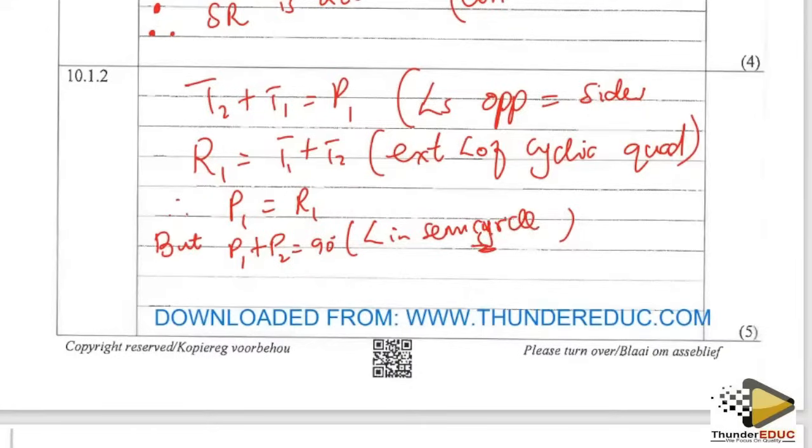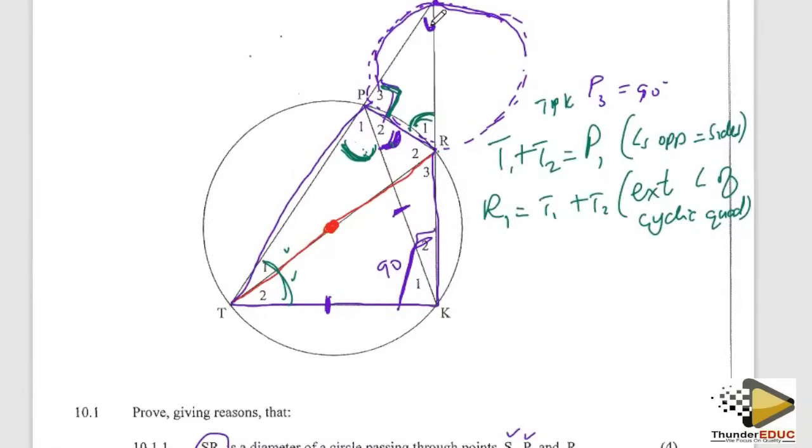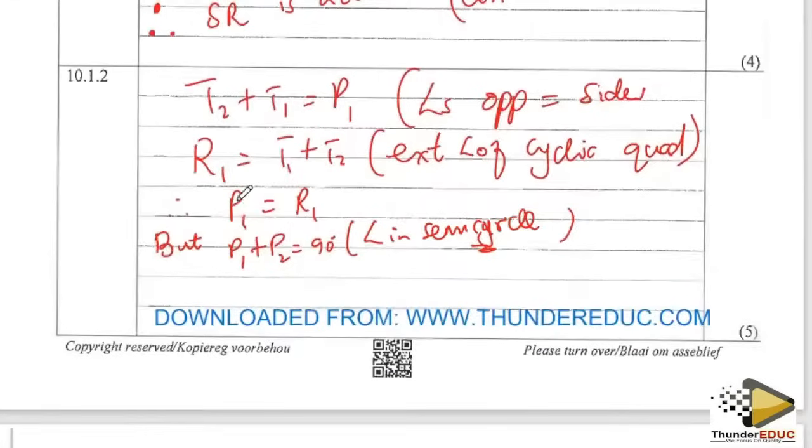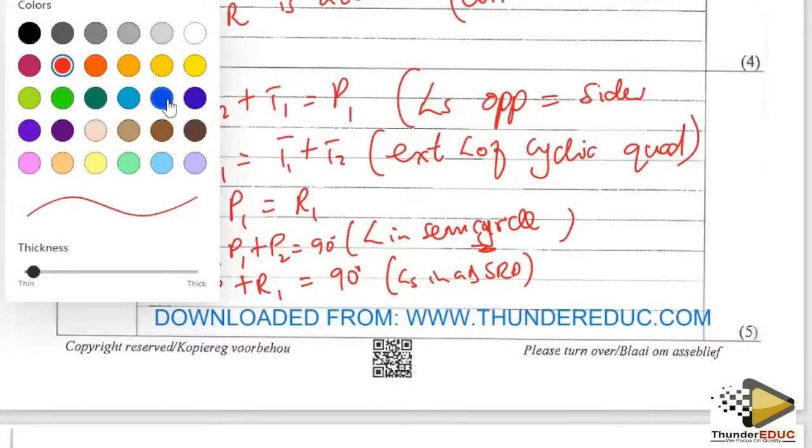So if that is true, which means even S and R1. If this is a 90, it means S plus R1 must also be 90, angles in triangle SRP. Then I can equate these two. I hope it makes sense, guys.